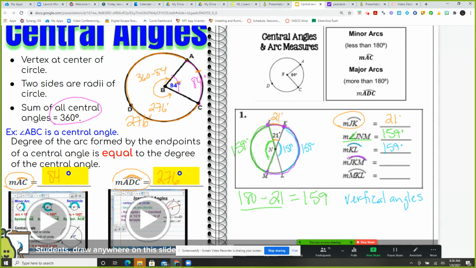I've got to go from J past K and then all the way to M. So I need to add up all of those things. I know the 21. I know the 159. What's this angle here? 21, because the orange and the purple are vertical to each other. So for that JKM arc, I need to add 21 plus 159 plus 21.